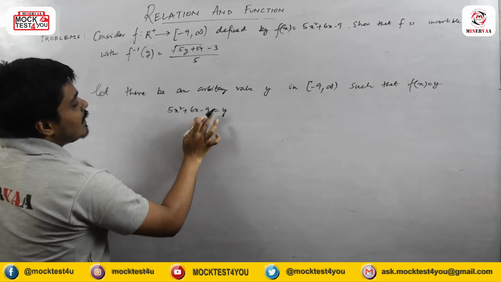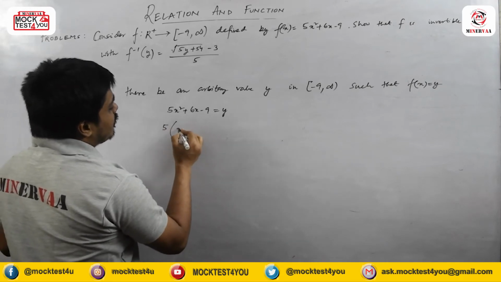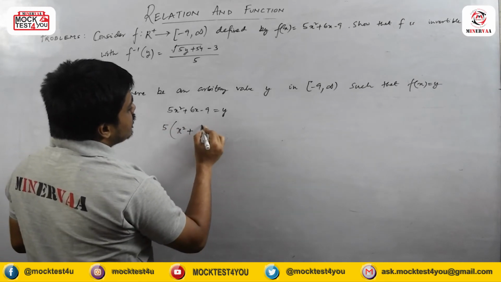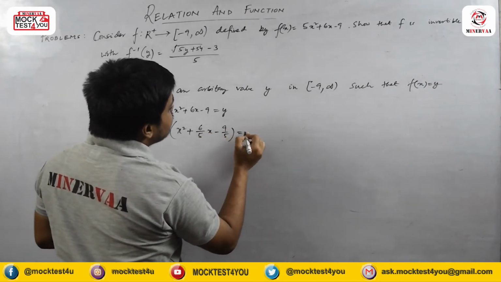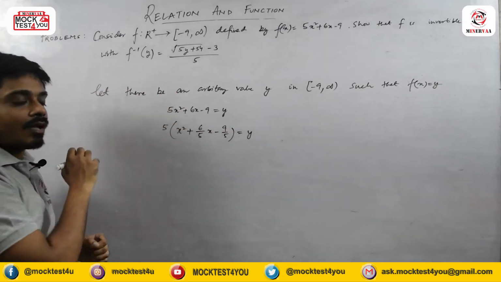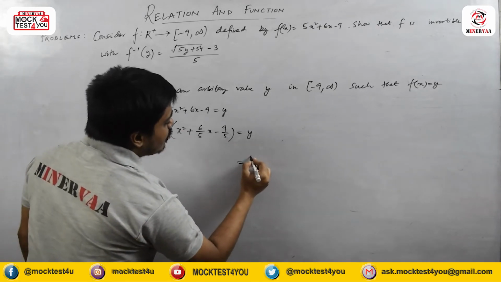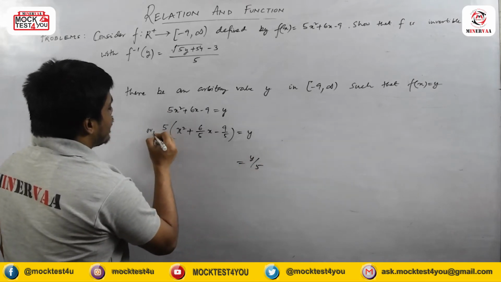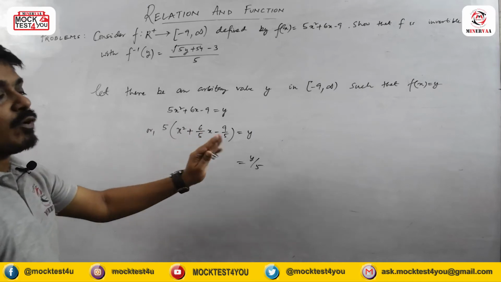So first thing, let us take 5 common. If I take 5 common, what we have in here is x square plus 6 by 5 x minus 9 by 5 is equal to y. Now take this 5 that side. So we have here y by 5. And look at here, I will try to write this one as a plus b whole square.